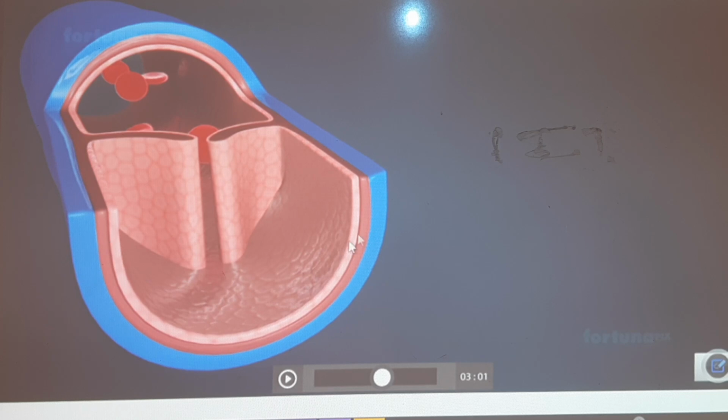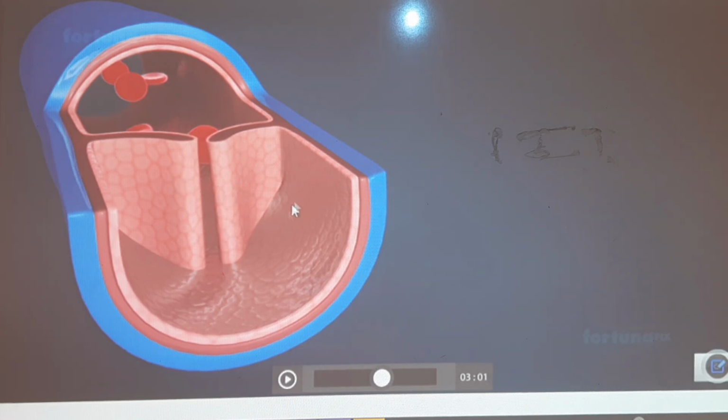This is the internal structure or inner side of the vein you are seeing now, and the veins also have three layers. In the case of the artery I told you the outer layer is elastic, and in the case of the vein also the outer layer is elastic in nature. And in veins you can see valves.